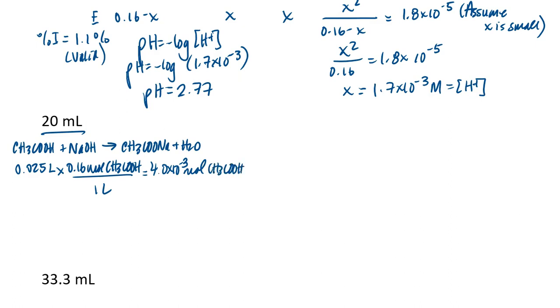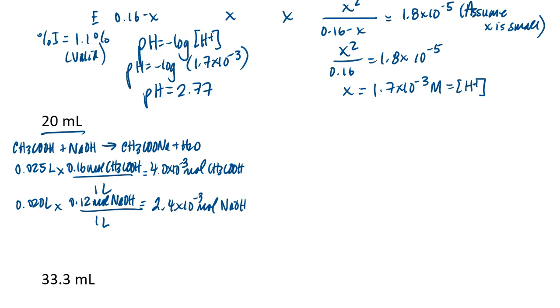Okay, and then I would do the same for the base. So 20 milliliters of base added at a concentration of 0.12 molar. That would mean that I added 2.4 times 10 to the negative third moles of the sodium hydroxide.